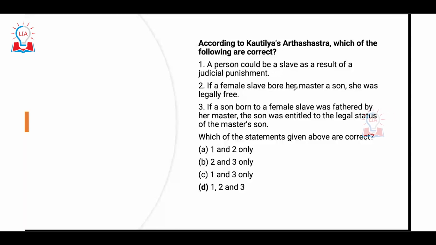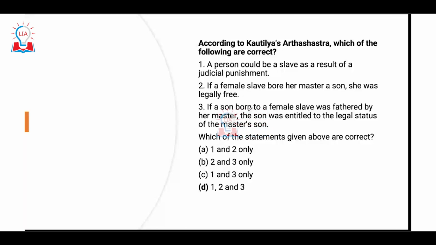Agreed. If a female slave bore her master a son, she was legally free. Now consider this statement with the thread that you already have, that slavery was legal in nature. If you consider this statement in the background that slavery was legal, this seems perfectly fine. Correct.